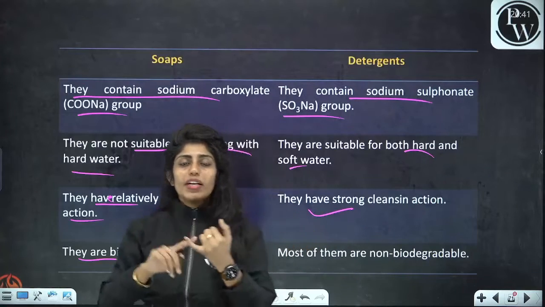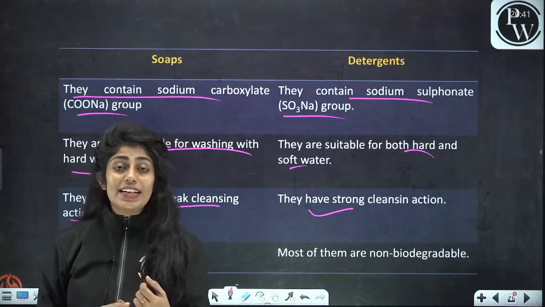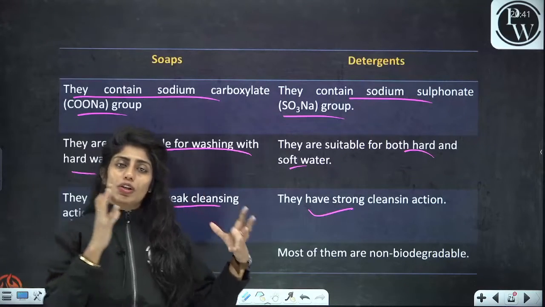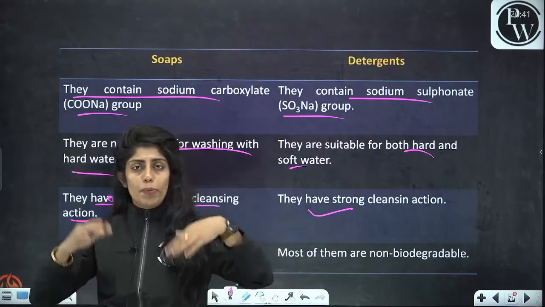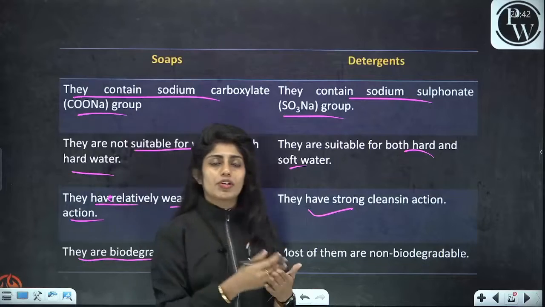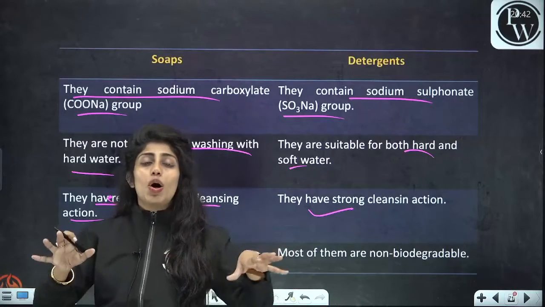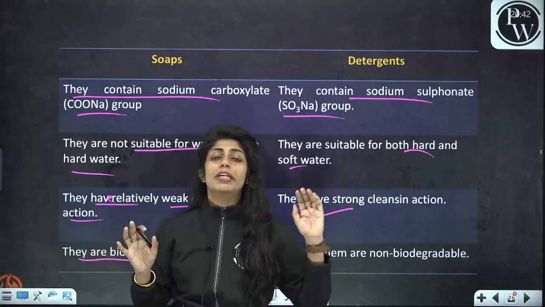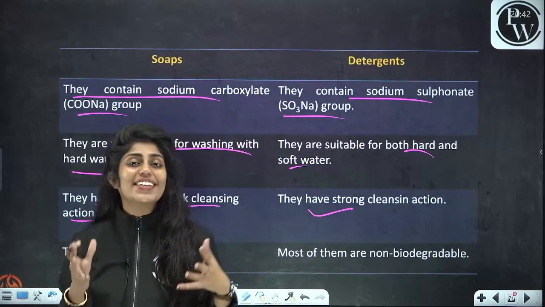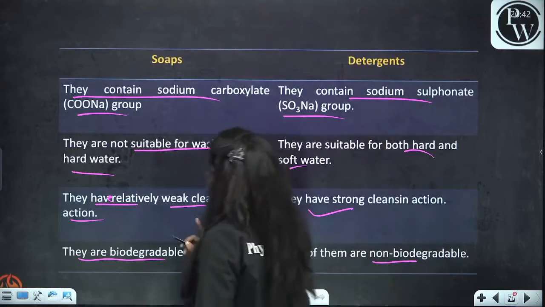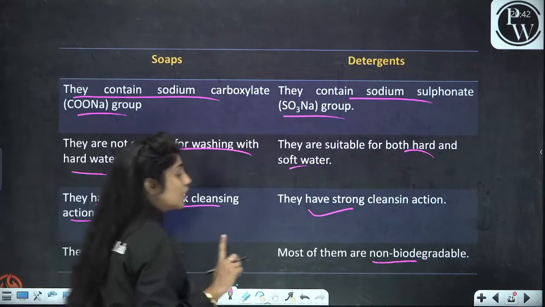So the bad part about detergents is they are non-biodegradable. If the clothes are to be washed in the open rivers or any river bank, the lather formed will last for a longer period of time and it will affect the aquatic life. So detergents are non-biodegradable while soaps are biodegradable.